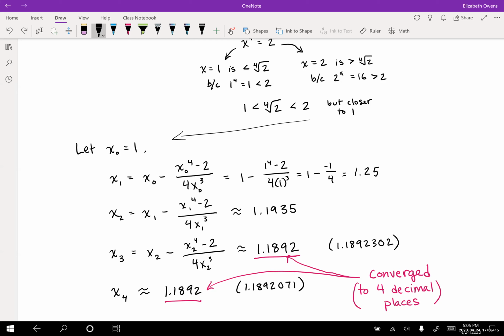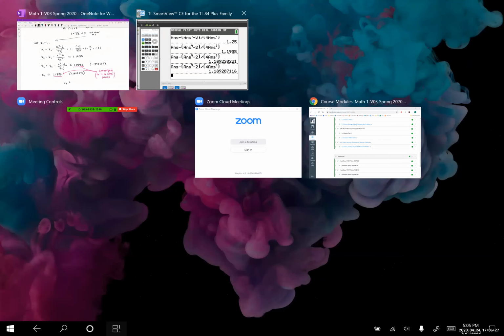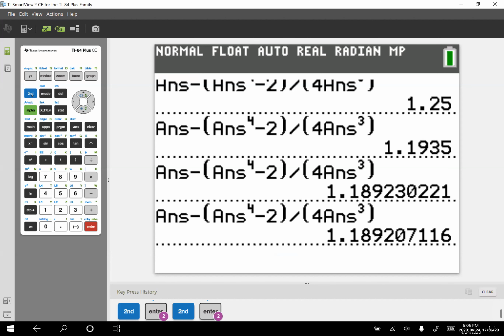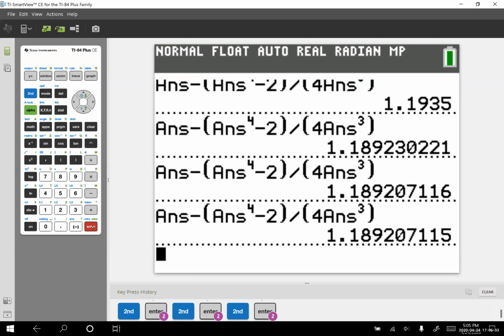Just for a little curiosity here, if you go a little further, if you do x sub 5, let's see if it converges to another decimal place there. All right, just for fun. Yeah, it did converge to another couple of decimal places.